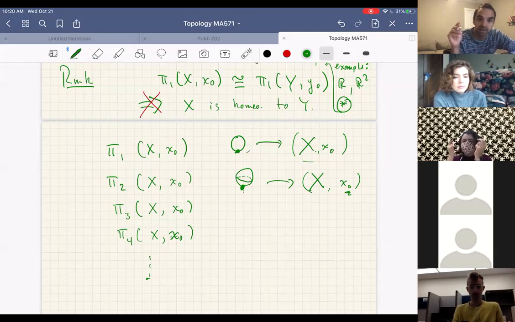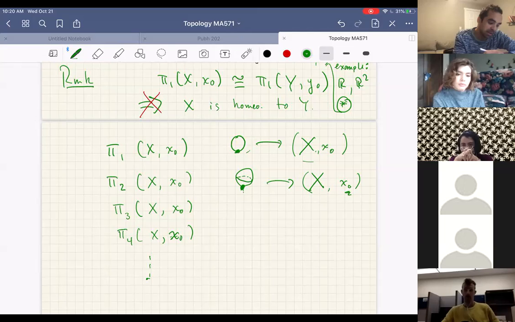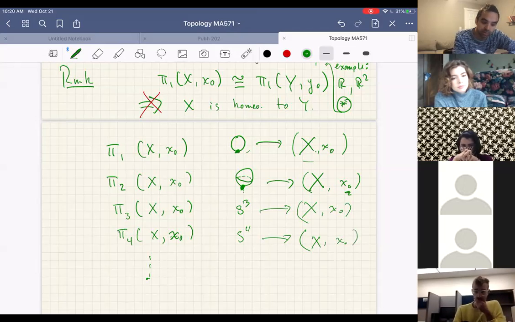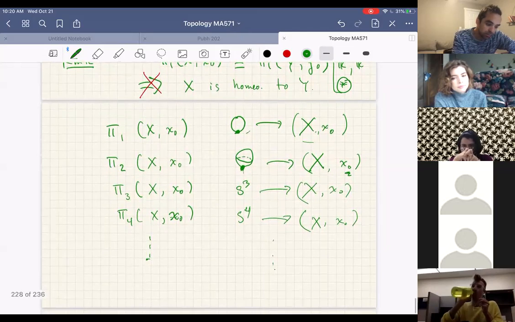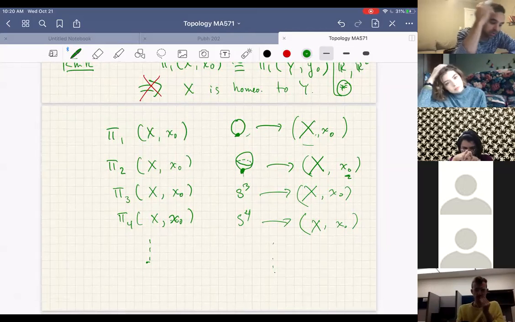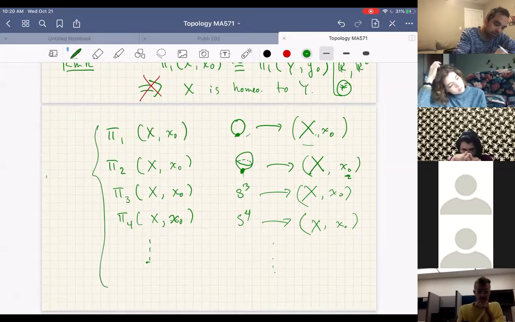There's a way of making sense of what I mean by concatenating spheres. And here I take this 3-sphere, which of course I can draw, and I look at homotopy classes of maps like that. And I take the 4-sphere, and so on. So these are called the homotopy groups of a space.